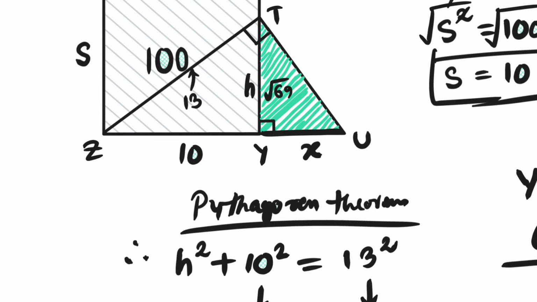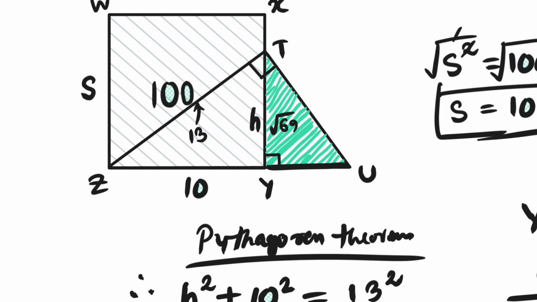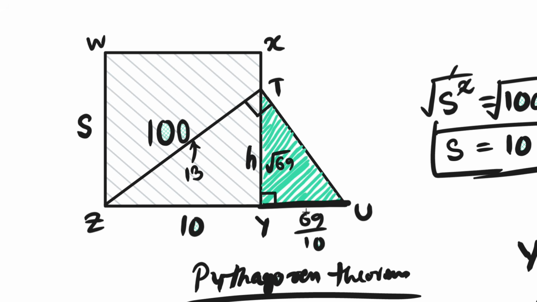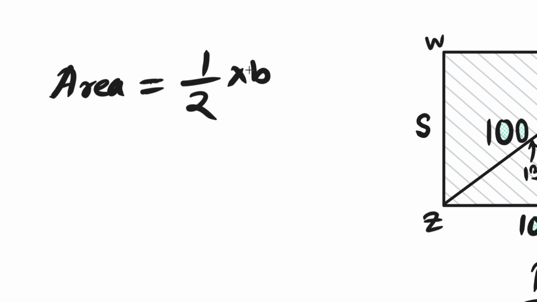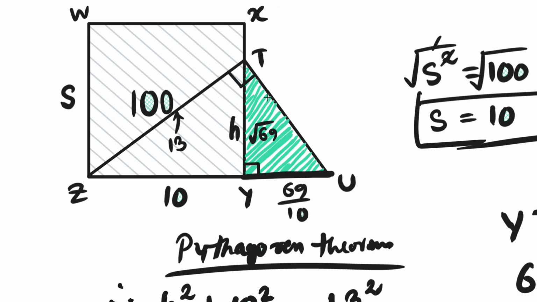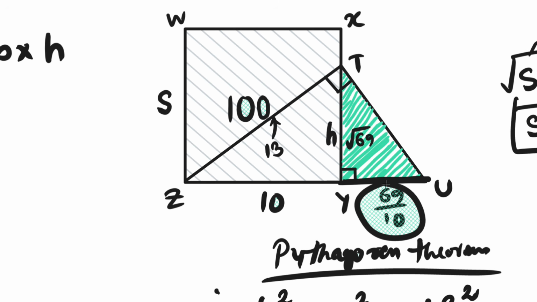We now have both pieces needed for the area calculation. We know the base of triangle YTU is 69 divided by 10, and its height is square root of 69. Before we calculate, let's recall the triangle area formula. The area of any triangle is 1/2 multiplied by the base, multiplied by the corresponding height. So, for triangle YTU, we substitute our base and height.